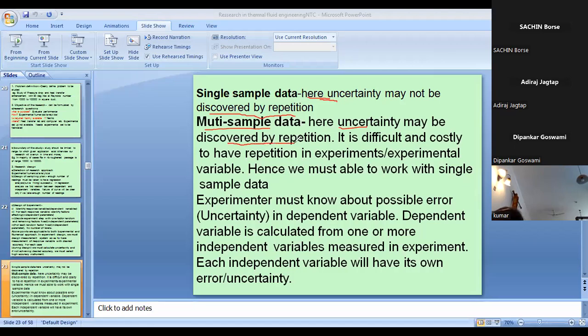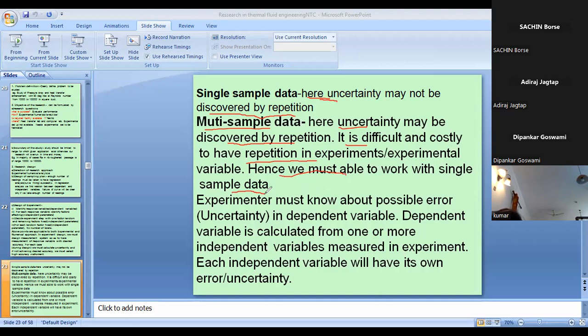Once we repeat again and again in multi-sample data, we can calculate the uncertainty. But in multi-sample data, it is difficult and costly to have repetition in the experiments. Hence, we must be able to work with the single sample data.